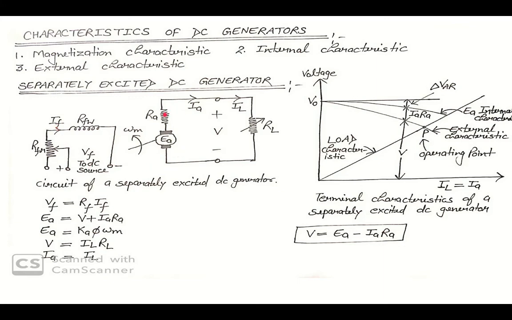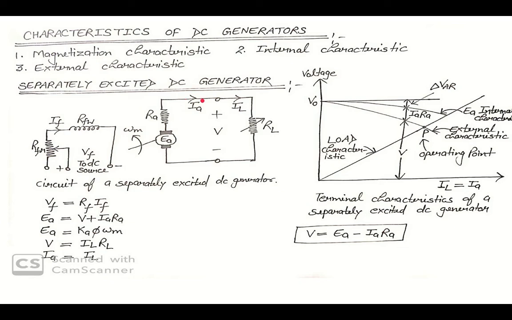Now RA is the resistance of the armature. EA is the internal generated voltage, or internal voltage of the armature.